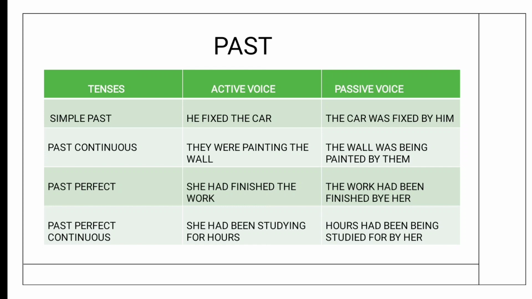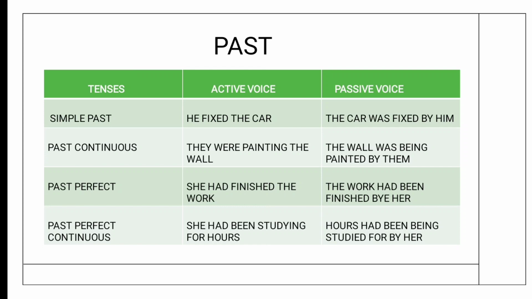Next, past perfect continuous. In the active voice itself we get had been in the past perfect continuous tense. Okay, she had been studying for hours. Hours is the subject here. Okay, hours is plural, but we are still getting had been because it is past tense.